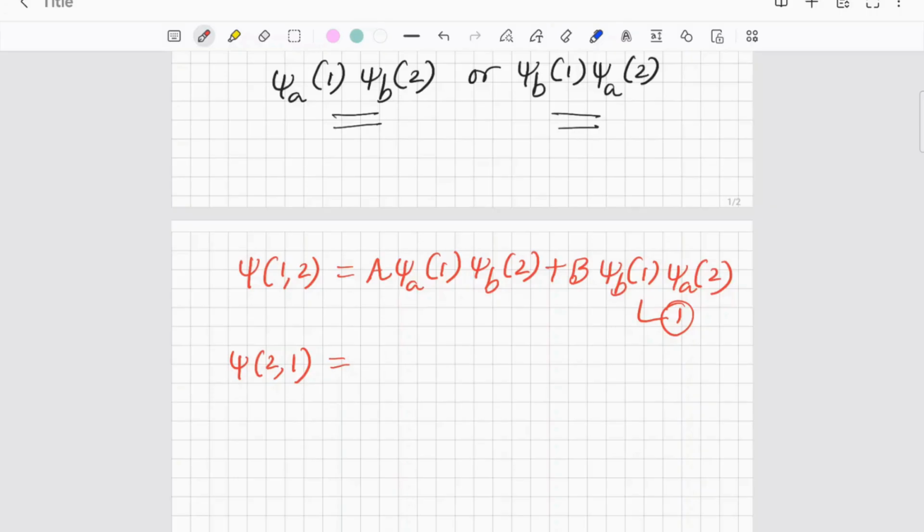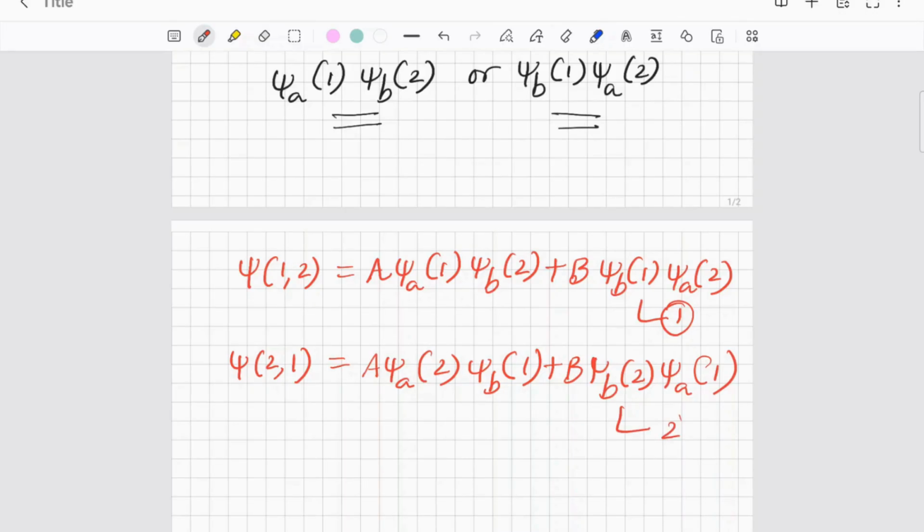Psi 2, 1 would be simply, we have exchanged the electrons now, right? So in psi A we have 2 and in psi B we have 1. Let's number this equation as 2.